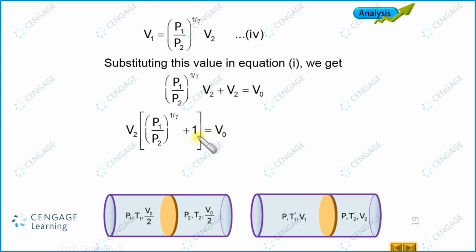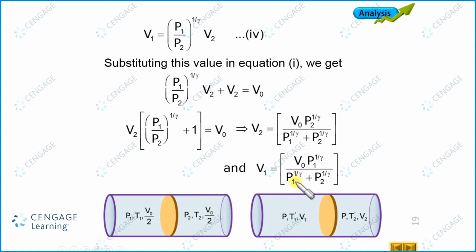Now we can write V2 equal to V0 divided by this term, and on solving we can write V2 equal to V0 P2 to the power 1 by gamma overall divided by P1 to the power 1 by gamma plus P2 to the power 1 by gamma. This is V2, and now we can find the value of V1 also by substituting this value. So this is the value of V1. So we got the final volume of both parts, left hand part and right hand side part.